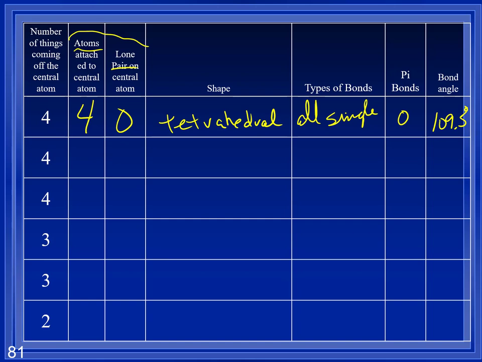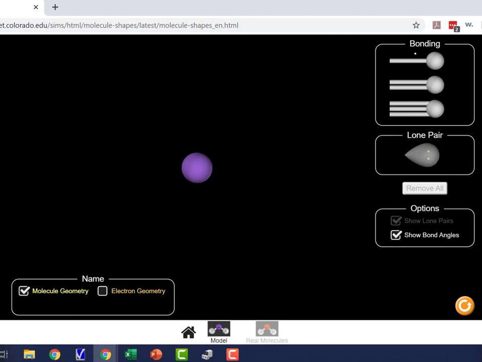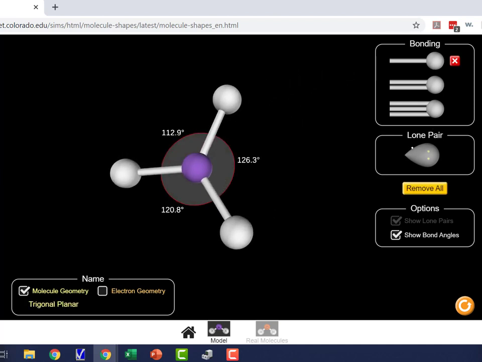What if you had 3 atoms and 1 lone pair? That's another way you could have 4 things come off the center, because my things are atoms or lone pairs. That's still a tetrahedron. So I remove it all, and I add 1, 2, 3 atoms and a lone pair.